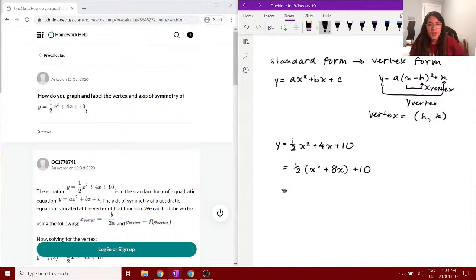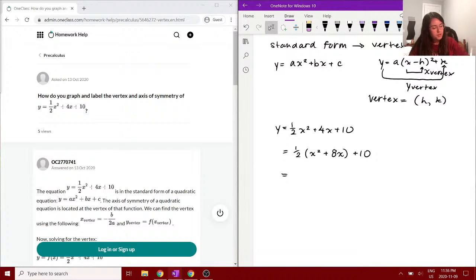So now that we have this term in the bracket, what we're going to do is complete the square. So completing the square involves, let me just rewrite the beginning here, x squared plus 8x, adding this value here, 8 divided by 2, squared.